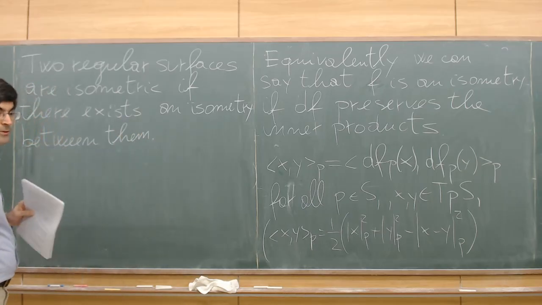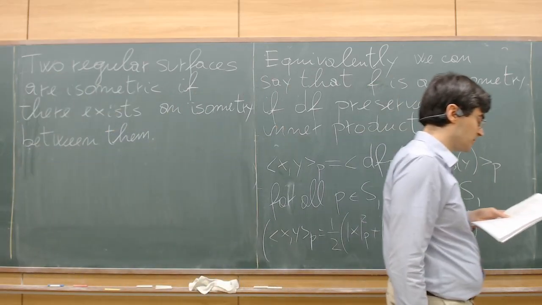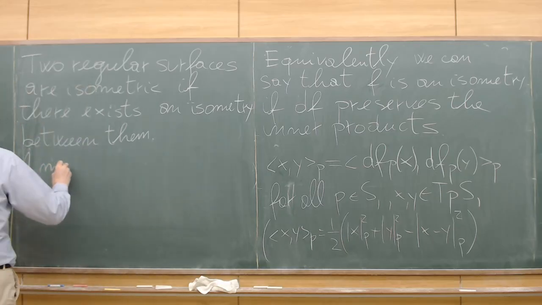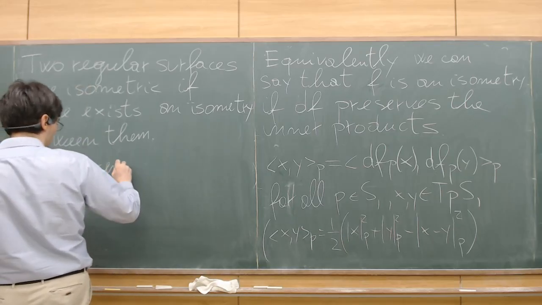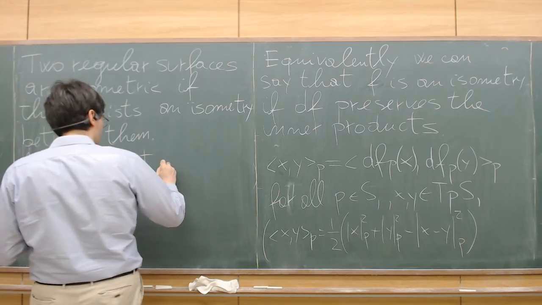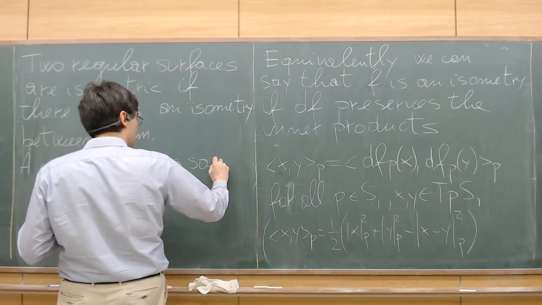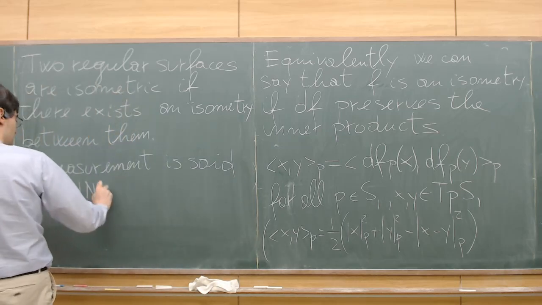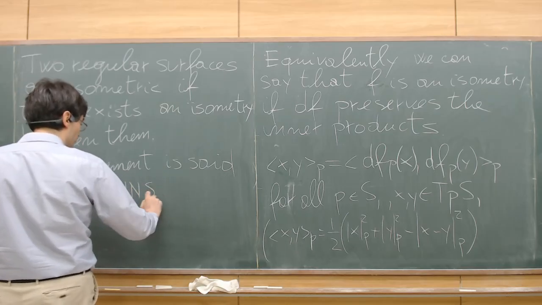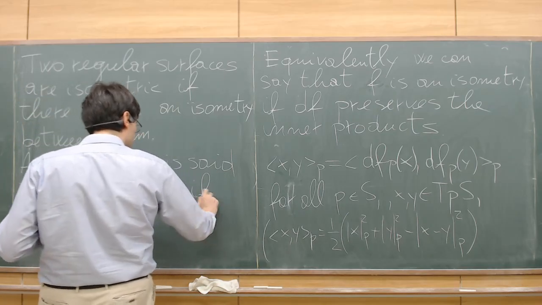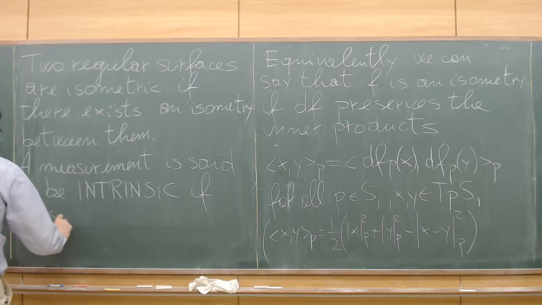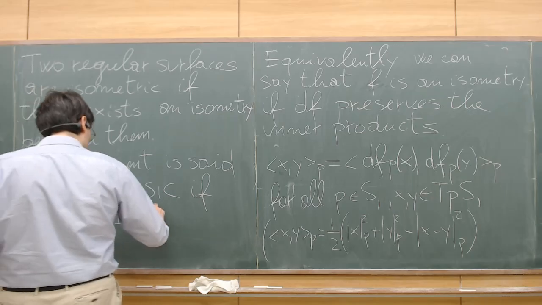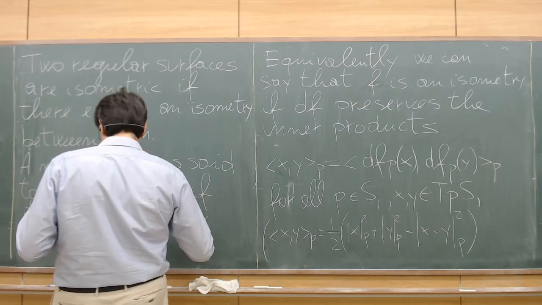And now I can give the definition I announced a few minutes ago. So a measurement is said to be intrinsic if it is preserved by isometries.